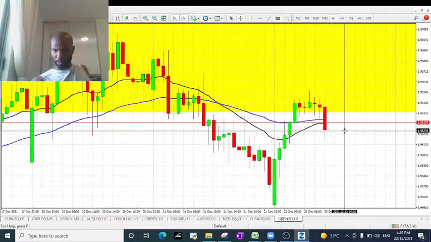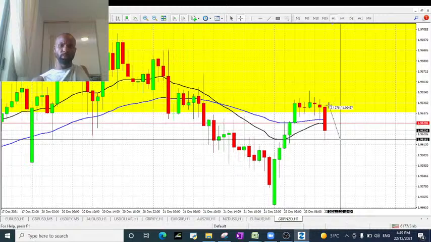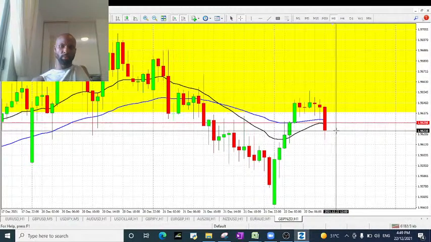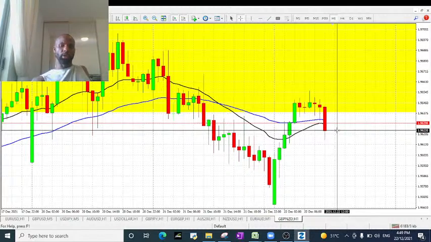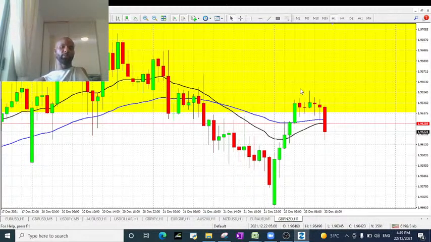Let's see what the range of this candle is. 27 pips. And the spread is insane. How are you going to make money trading this? Not scalping. Maybe if you trade this on a longer time frame, you might be able to make money. But with the spread on this time frame, it's next to impossible.